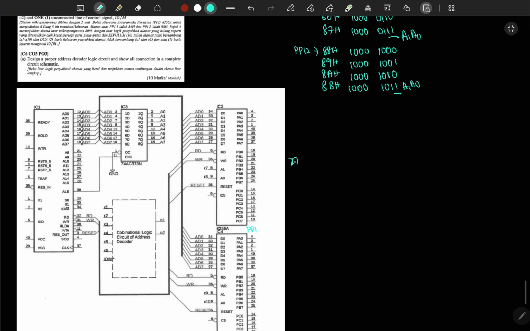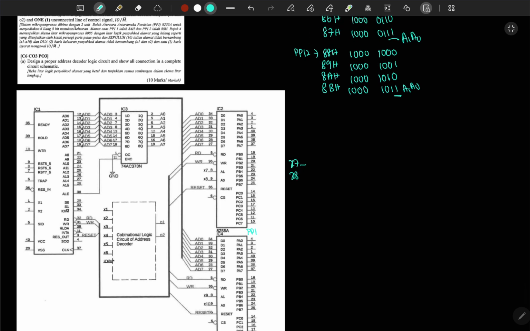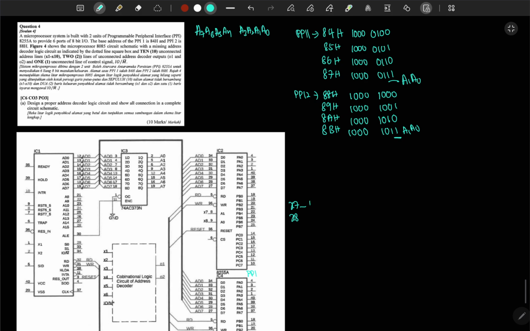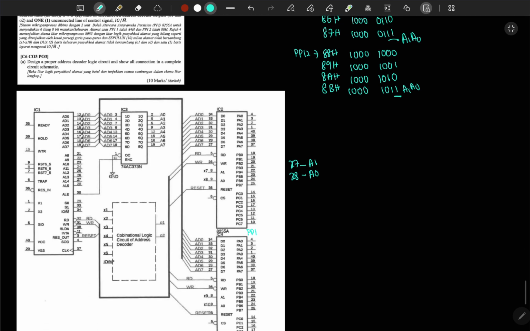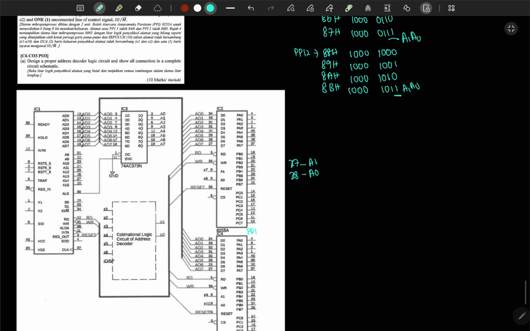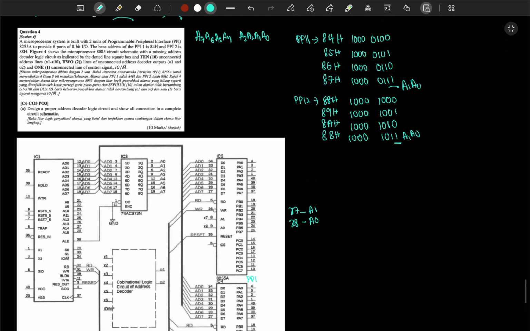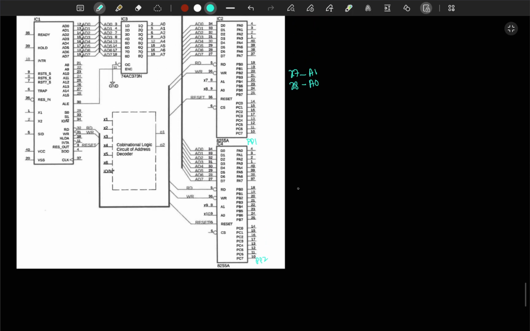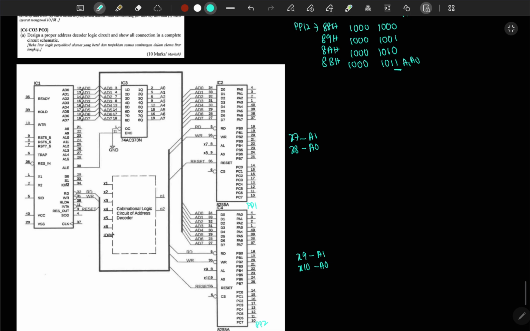X7 goes to A1, X8 goes to A0. You just connect it there, which makes it a bit easier. Now here X9 goes to A1 and X10 goes to A0. You just connect it to the connection there.